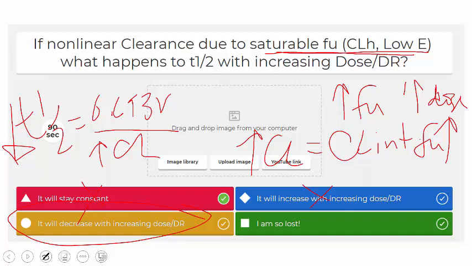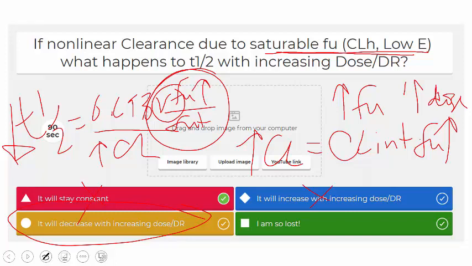Back up, because isn't binding dependent upon volume? Remember, volume of distribution is also a determinant of half-life. So what's going to happen to volume?